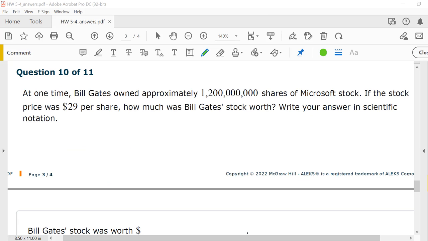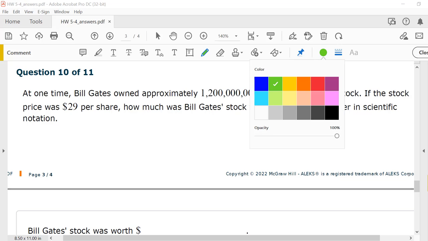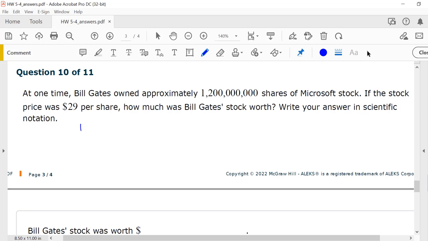Number 10. At one time, Bill Gates owned approximately 1,200,000,000 shares of Microsoft stock. If the stock price was $29 per share, how much was Bill Gates' stock worth? So each share was worth $29. I had 1.2 billion shares. So I need to multiply 1.2 billion times $29.